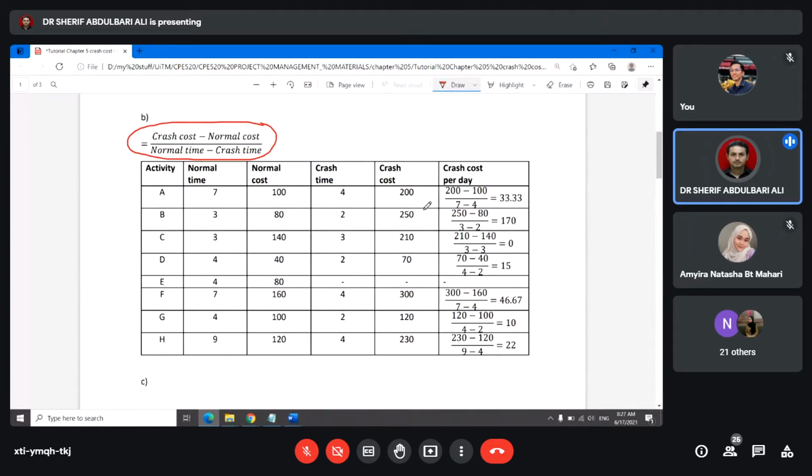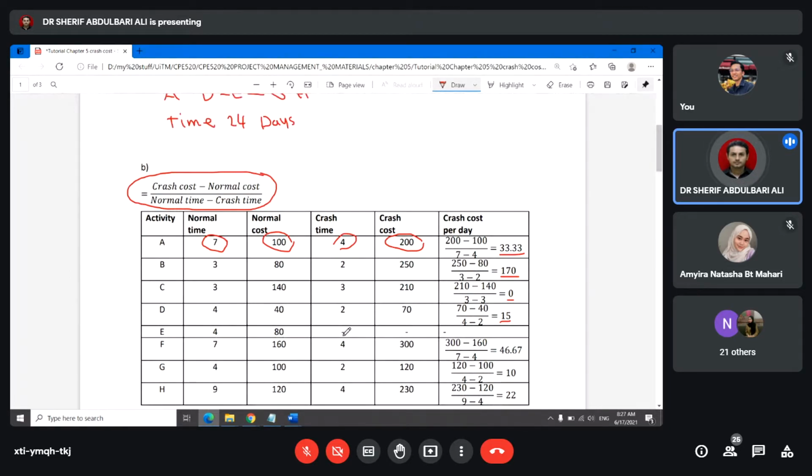Okay, crash cost minus the normal cost over the normal time minus the crash time. Okay, so you are getting the crash cost for all the activities A, B, C, and D. E, because it has a 0, there is no crash time for it, so there is no crash cost.